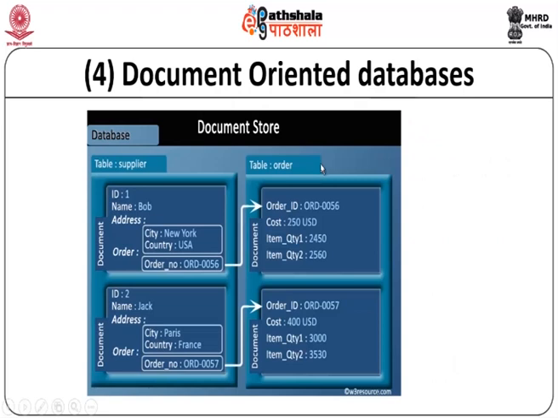So, a simple document oriented database can diagrammatically be visualized like this. Every ID over here indicates a specific document. You can find here the first document is all about an individual called Bob, another document is about Jack. Internally, the Bob document contains a link to another document called the order document. So, a document may refer to another document, or it may even be a nested document.